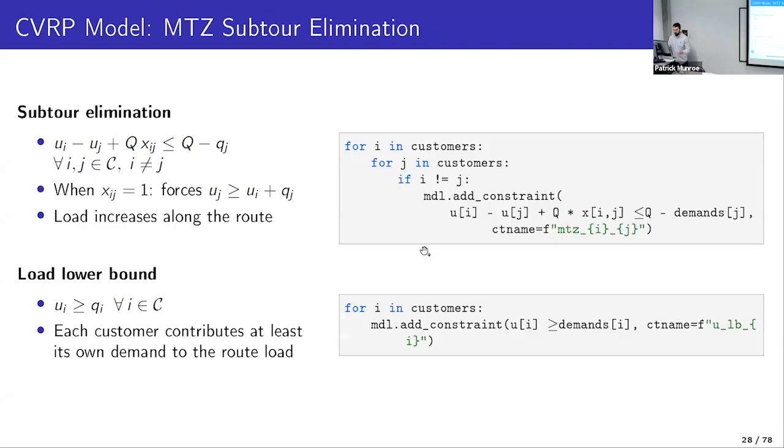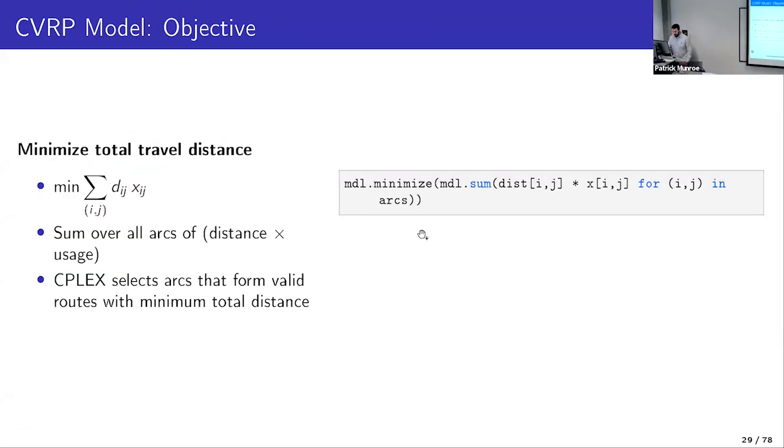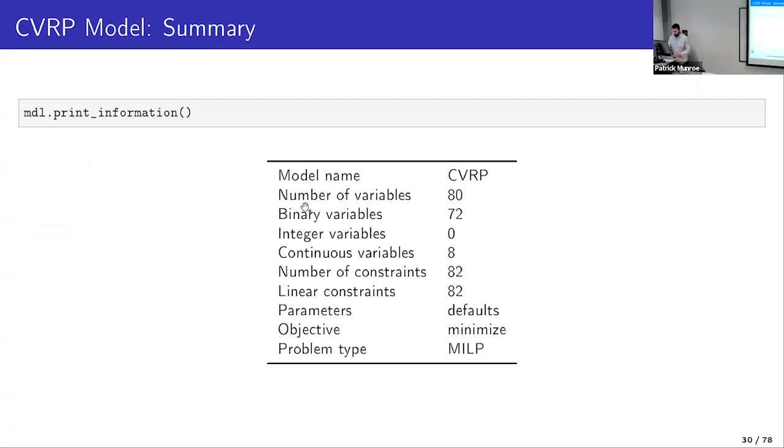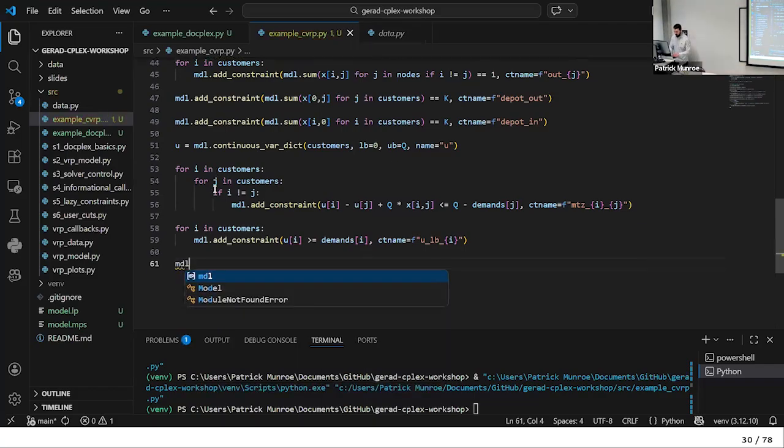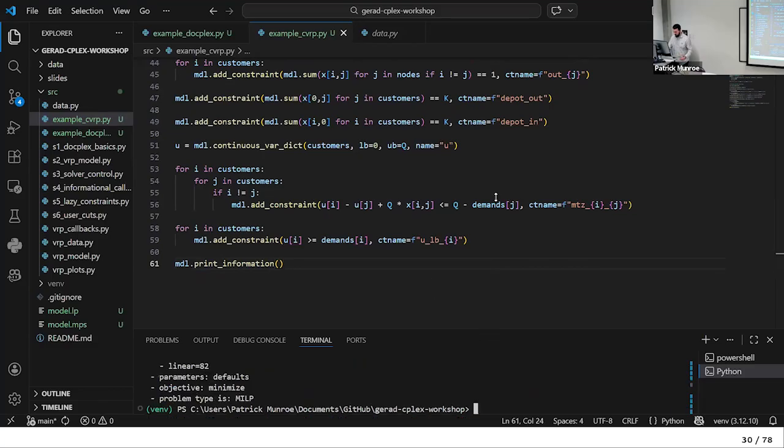And now, okay, we've created the model. We've already added the minimize function. So we can try one thing before solving it. If we want to see information about the model, we can simply print it to see the number of constraints and number of variables that were added.